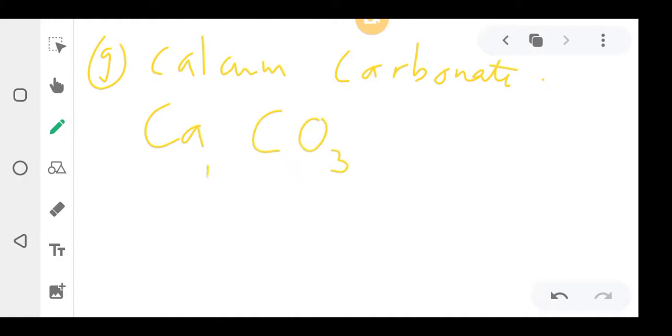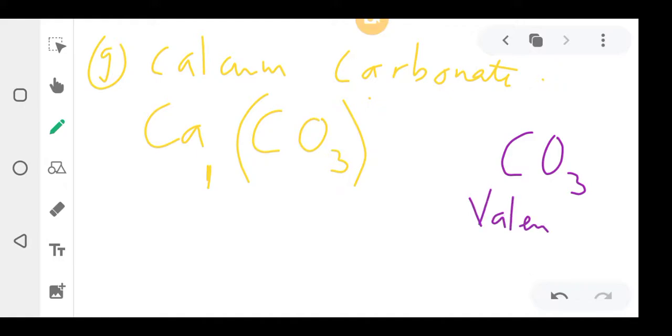We always said we put 1 here. Carbonate is a radical. We always put it in brackets. And you have to master these radicals. The valence is always going to be 2. These are fixed. Carbonate is fixed. Sulphate is fixed. You have to know them by heart.